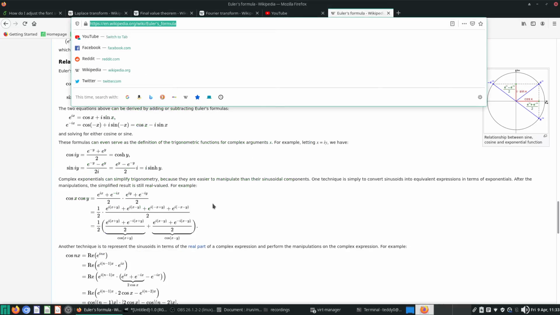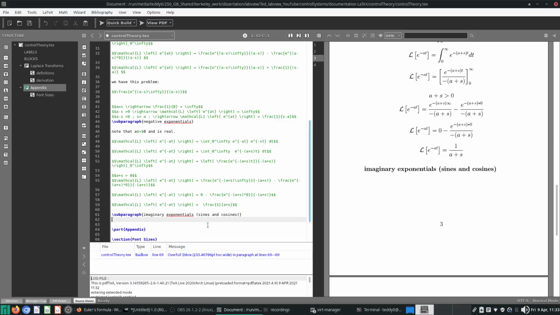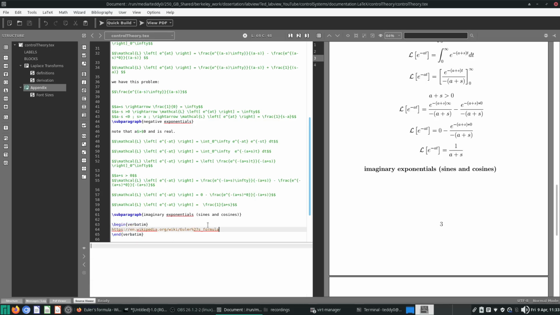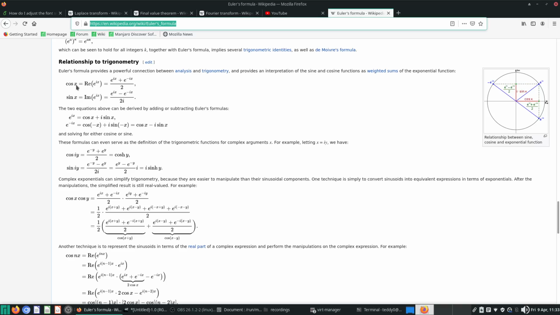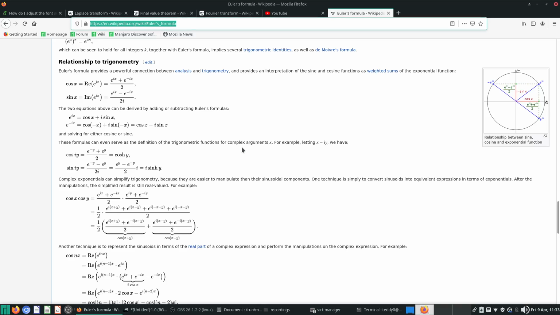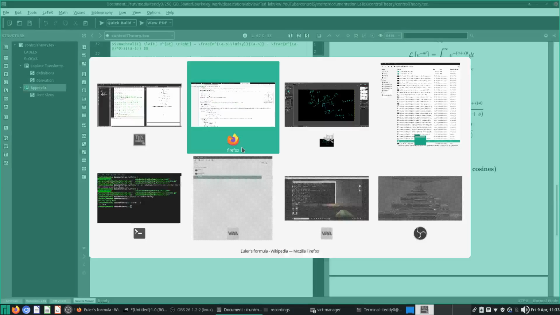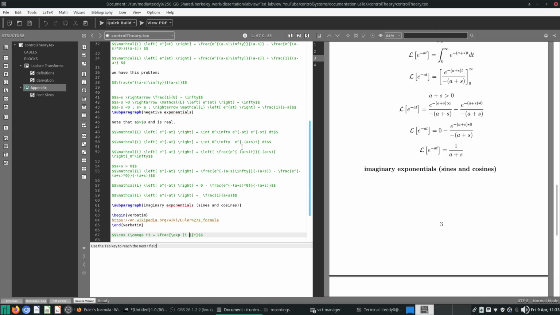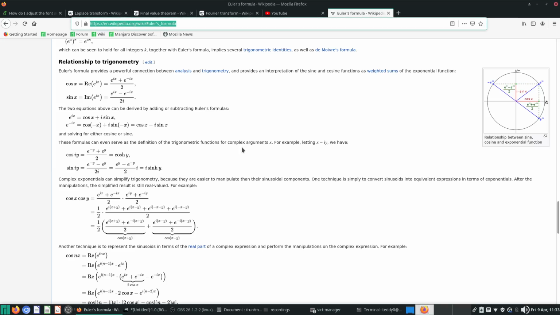If you look at Euler's formula on Wikipedia, you find that cos of omega t, because we like to deal with sines and cosines in a frequency format, is equal to the fraction: exponential i omega t plus exponential minus i omega t, over 2.